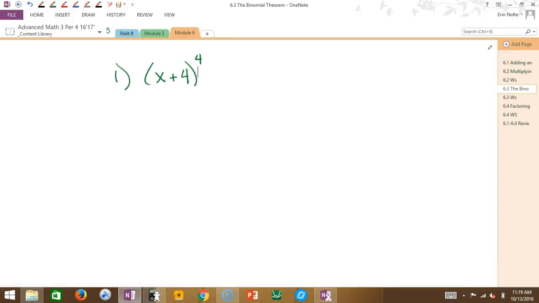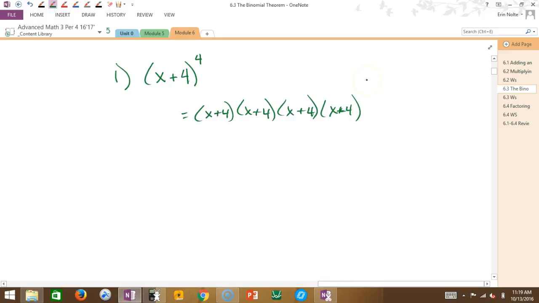Okay, so as of right this moment, because I haven't shown you how to use Pascal's triangle yet, you would have to say this is the same as x plus 4 times x plus 4 times x plus 4 times x plus 4. And then you would have to FOIL that all out together.